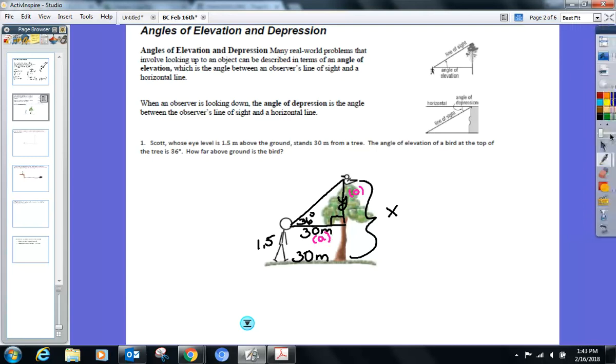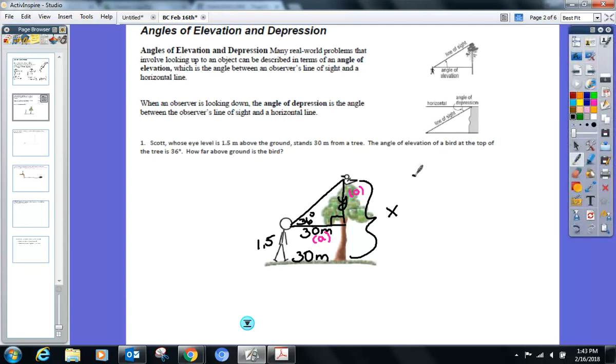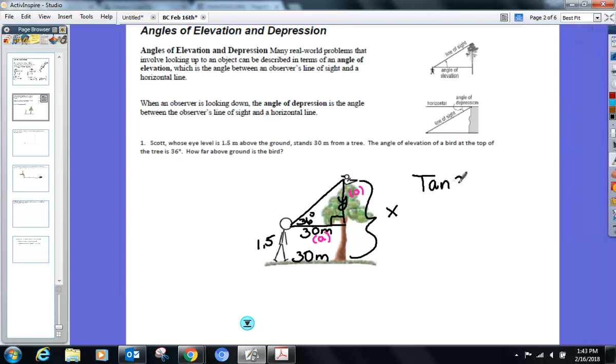So I'm going to end up using tangent of 36 equals y over 30. When you find y, is that my final answer? No. Why am I asking? Because I don't want you to round it yet. So y is going to be equal to 30 times the tangent of 36.